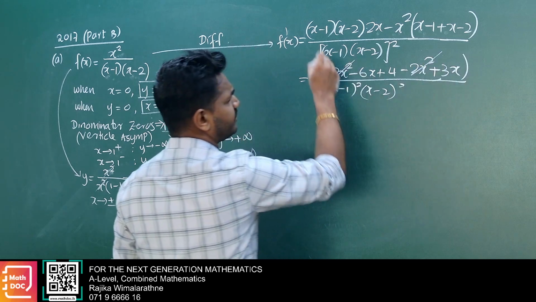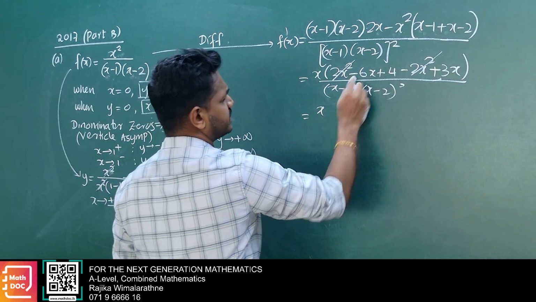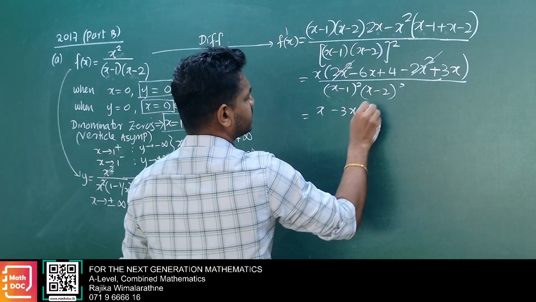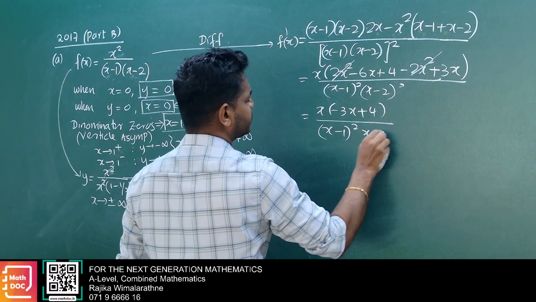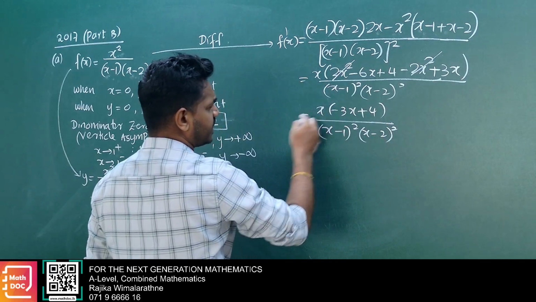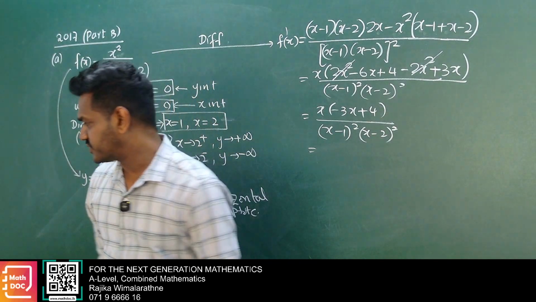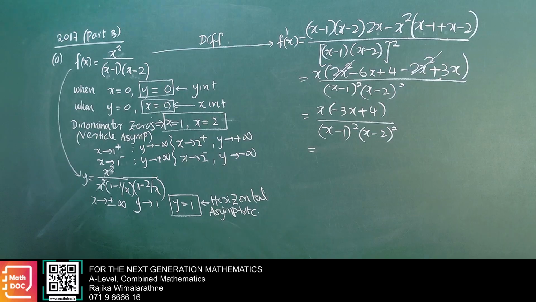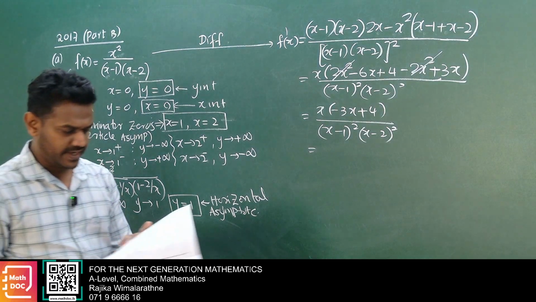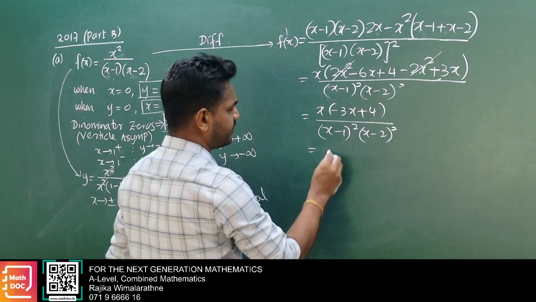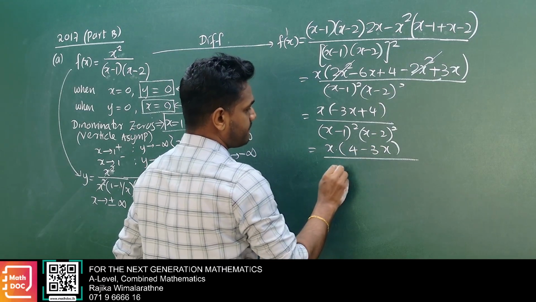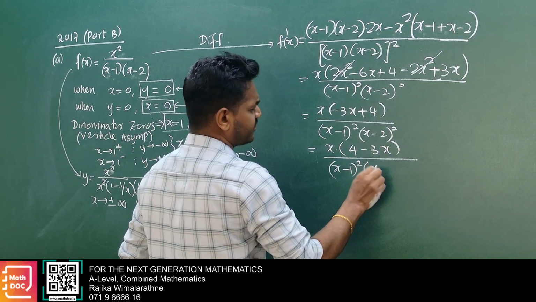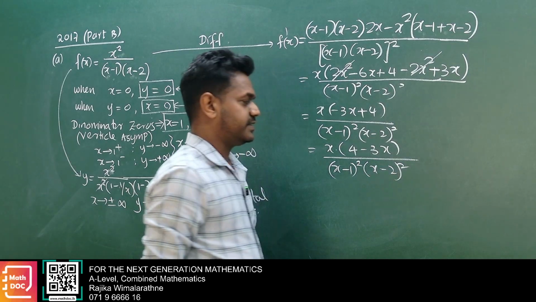Now simplify: x times (4 minus 3x) over (x minus 1) square (x minus 2) square. We have to show something, no? We have to show 4 minus 3x. Now it is already there. Here it is.